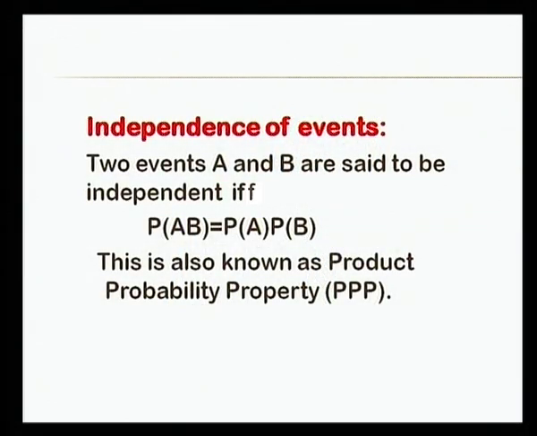In terms of probability, two events A and B are said to be independent if and only if probability of A intersection B can be written as the product of the two probabilities, that is probability of A and probability of B. This is also known as the product probability property of probability theory.